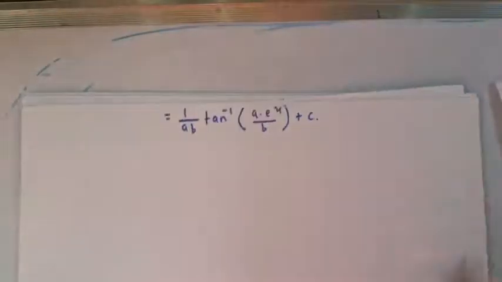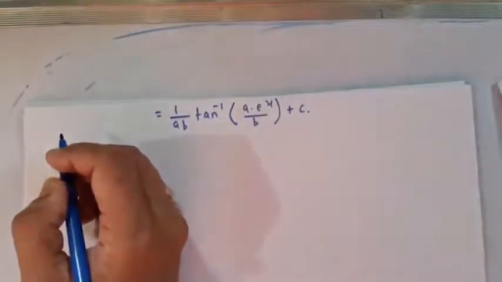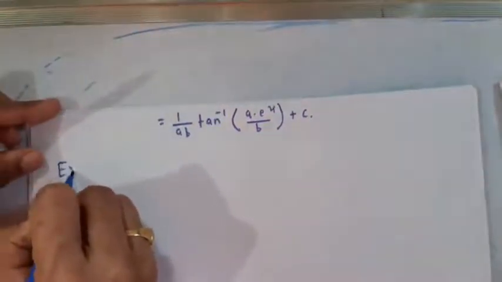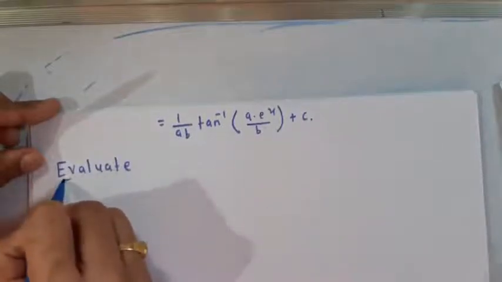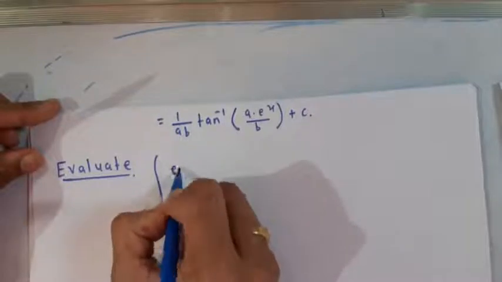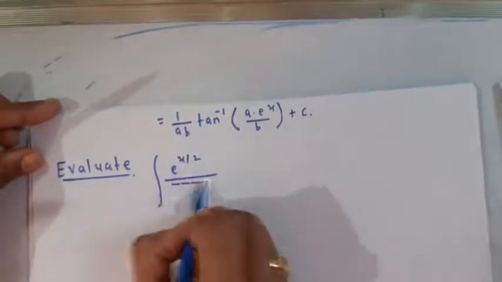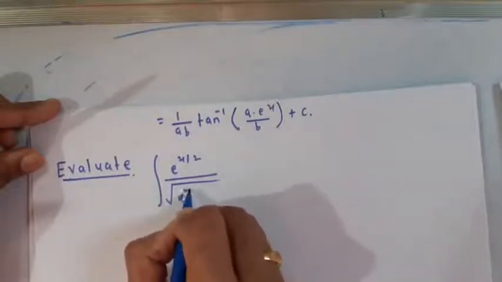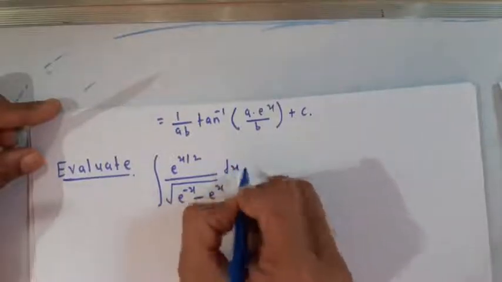Another example is: evaluate the integral of e raised to x by 2 upon square root of e raised to minus x minus e raised to x, with respect to x.